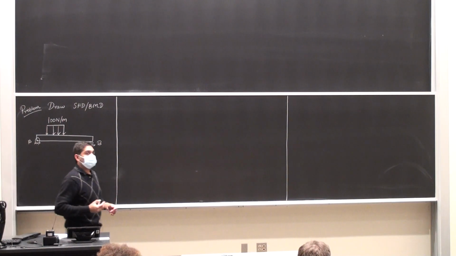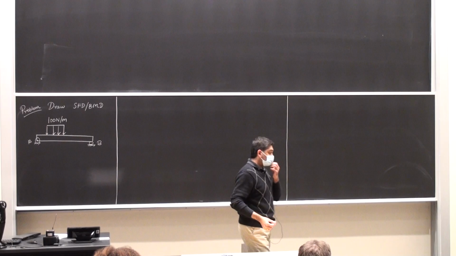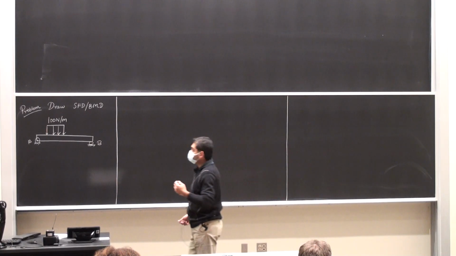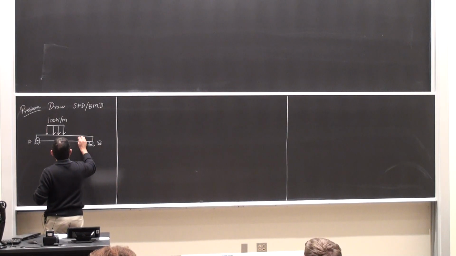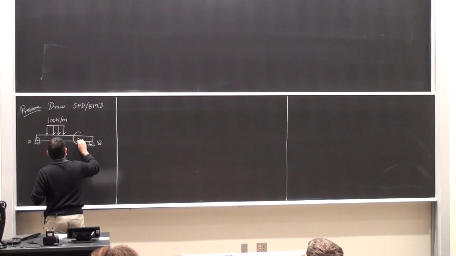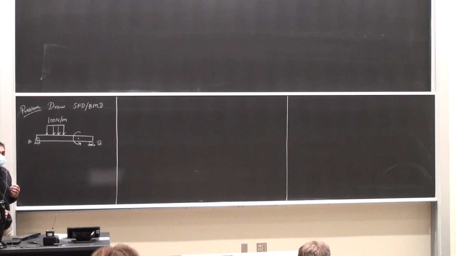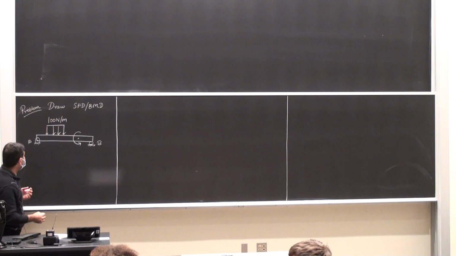This is acting over a span of 2 meters. Then I'm also going to have a couple moment, concentrated couple moment, acting at this particular location, the magnitude of this being 200 Newton meters.